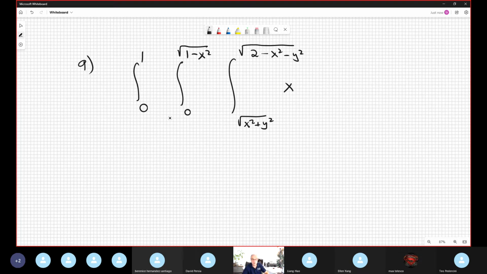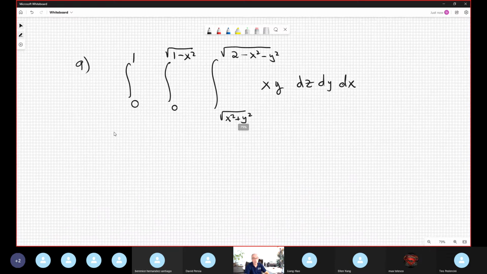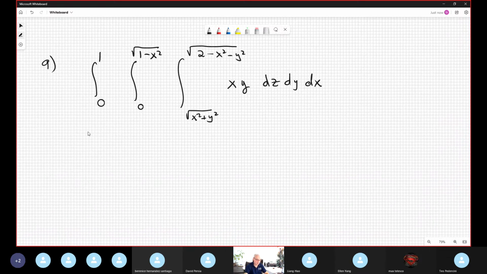So the integrand function is xy, dz, dy, dx. Now this information is given because some student set up this triple integral in Cartesian.